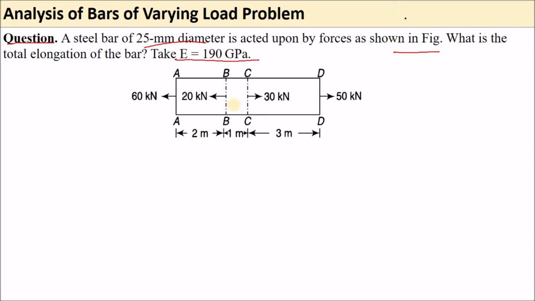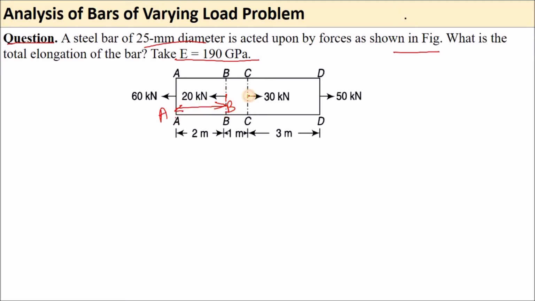In this type of problem, the first thing we should take care of is to divide the total bar into sections. Here one load is acting, so we can divide from here to here as one section, AB.